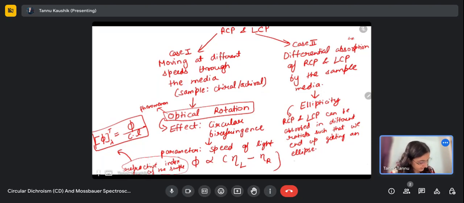So the effect here is circular dichroism.